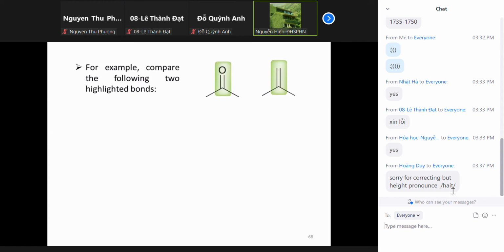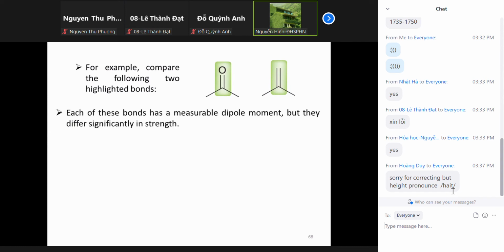One is a CC double bond and the other is a CO double bond. They are both double bonds, but if you measure their dipole moments, they will have different values.